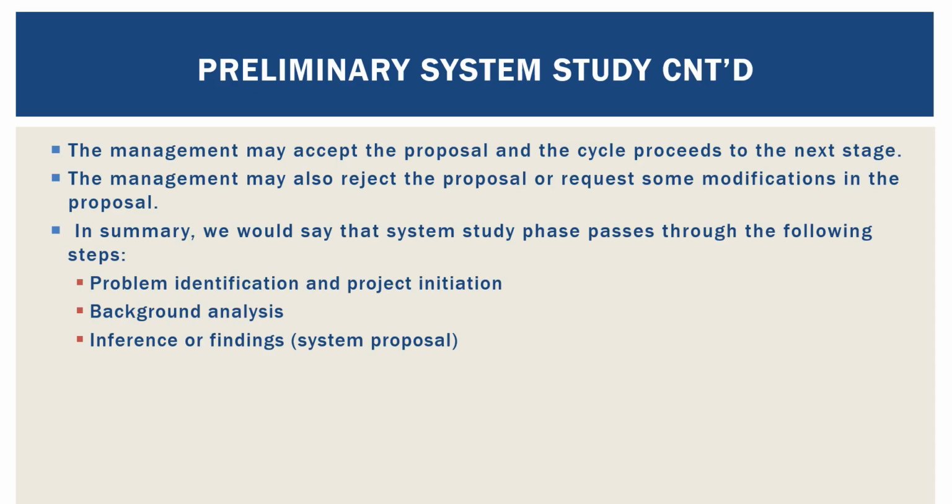If you're doing it for, say, the computer science or IT department, you check what exactly that department is into, so that you can validate or verify the problem you've identified and the background of the organization. And then you document everything, your inferences and findings, and that will be what you call a system proposal.